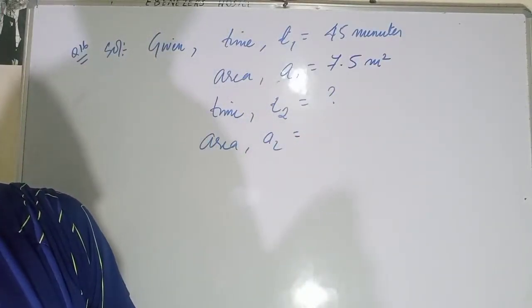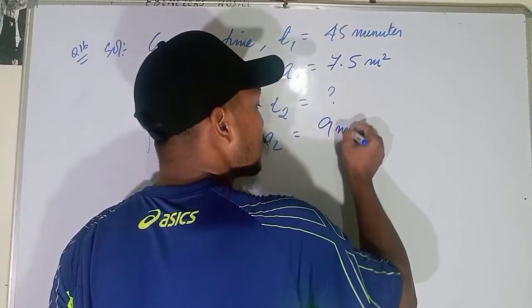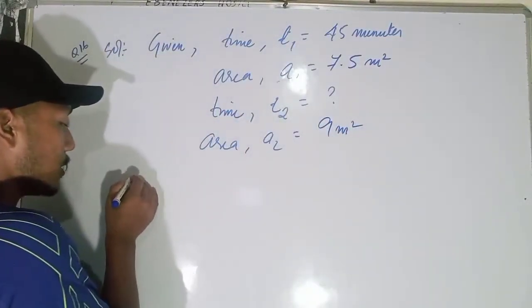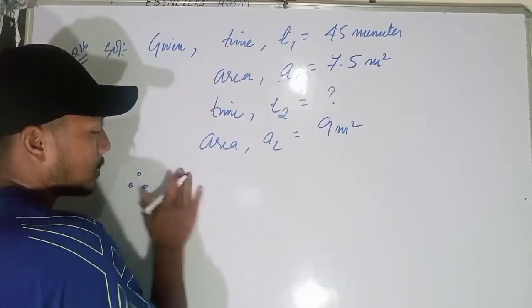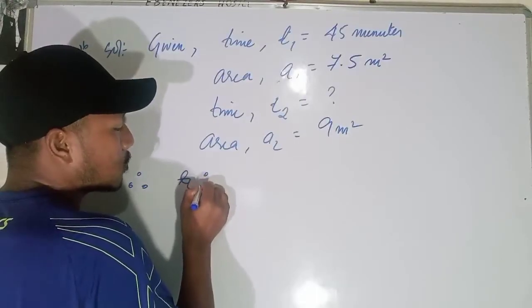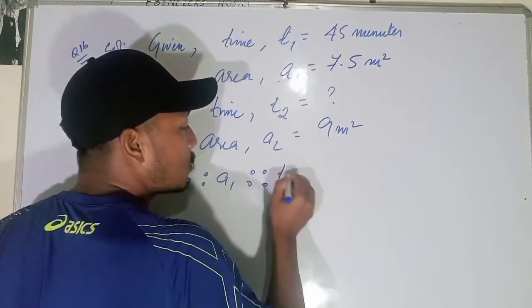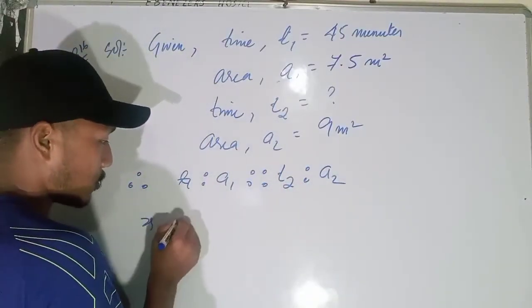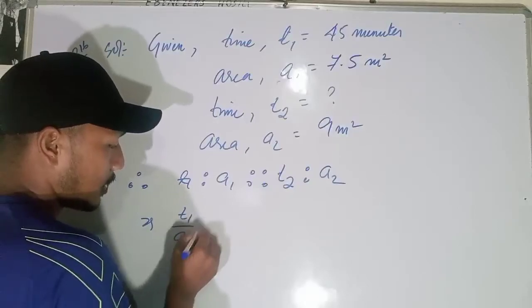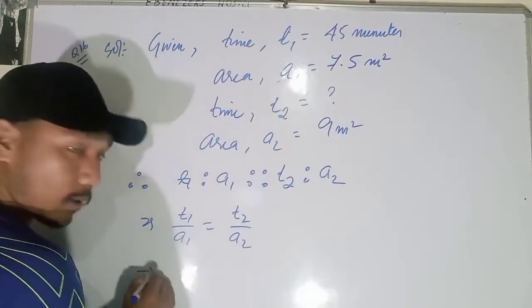Area A2 is 9 meter squares. Okay. So we can say since they are in proportion, therefore T1 is to A1 is to T2 is to A2, which implies that I can also write T1 by A1 is equal to T2 by A2.